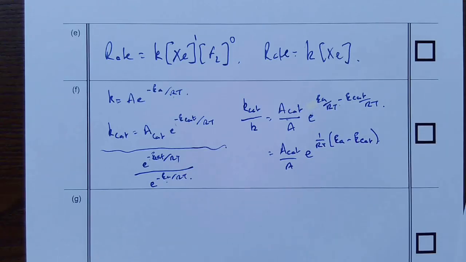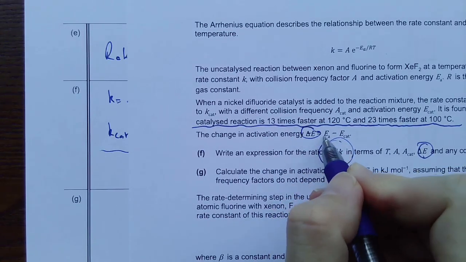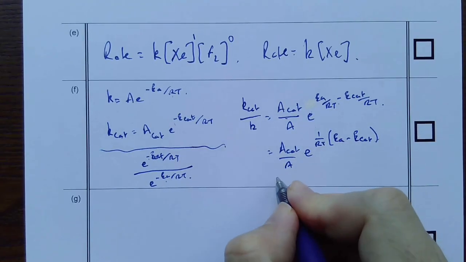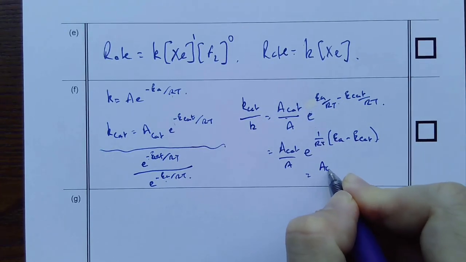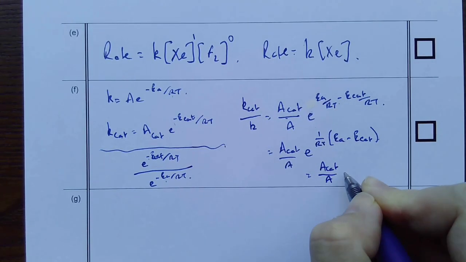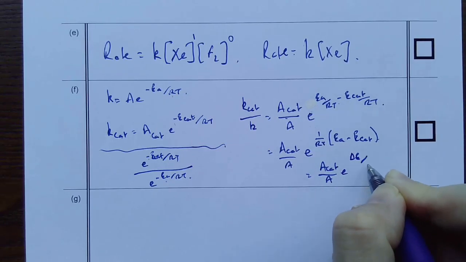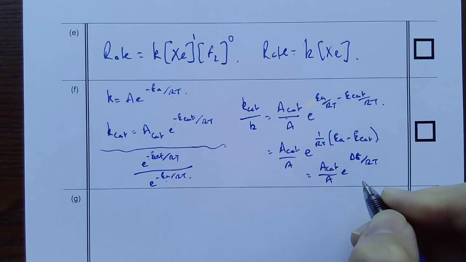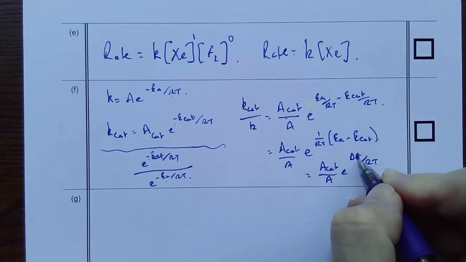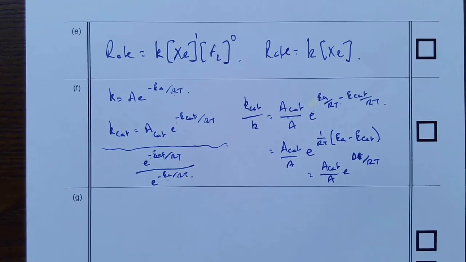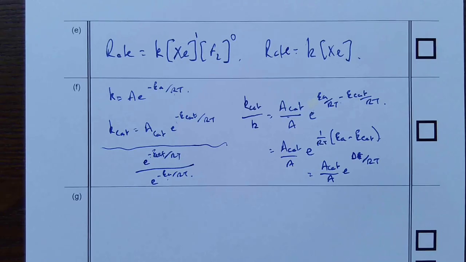And then you're told that delta E is Ea minus E cat. So this becomes A cat over A e to the delta E over RT. Whoops, that doesn't make it any clearer at all. You know what I mean. Again, only one mark for that, but fairly straightforward.